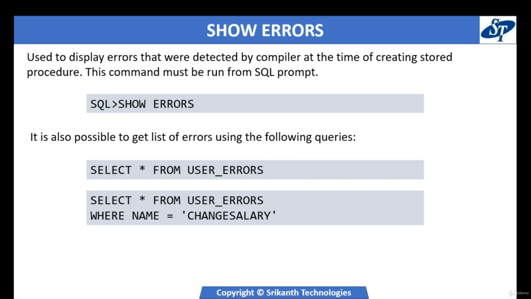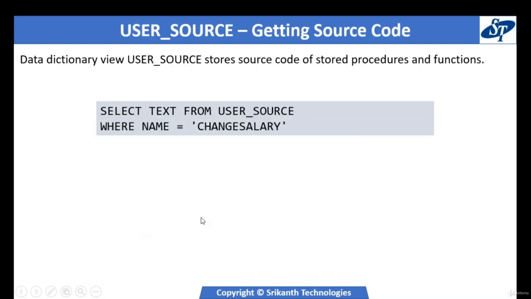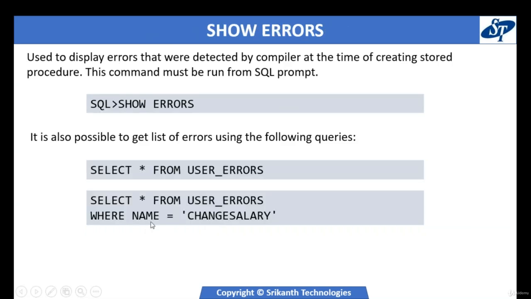You can also get errors from user_errors, and this is going to give you errors for all the procedures. But if you're very particular about one procedure, use name and then ask for that. So there we say where name is equal to so-and-so.